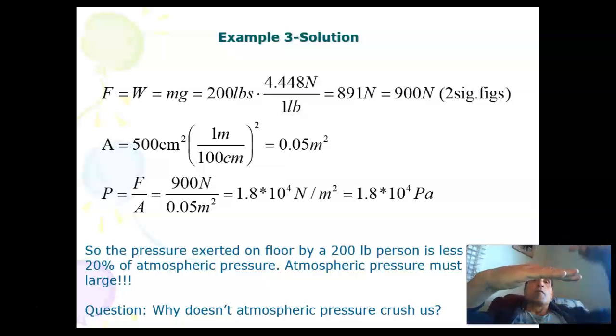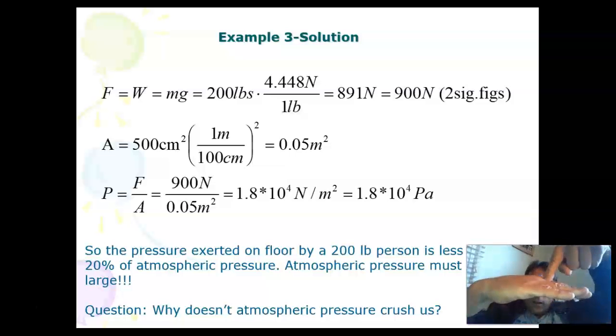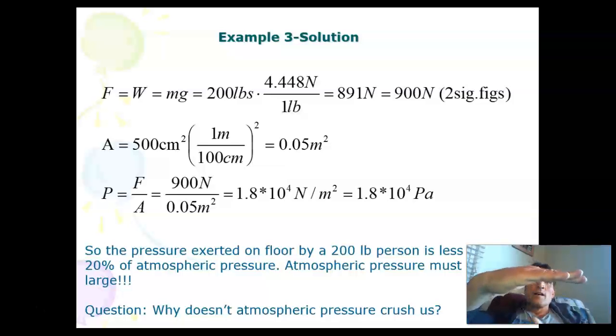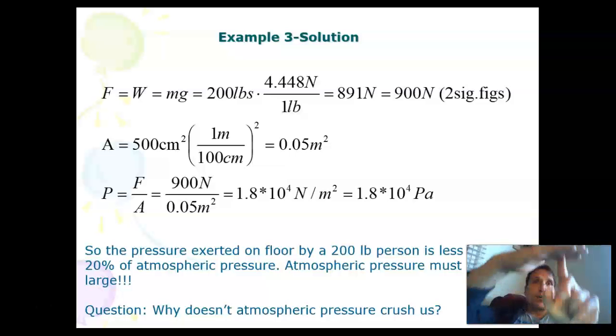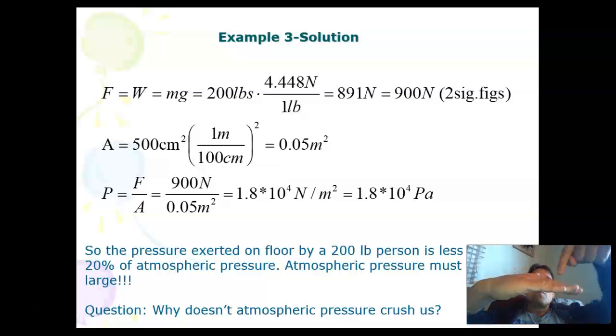There's pressure from the air above our hand pushing downward, and the pressure exerted by that is 1 atmosphere. But there's also pressure from the air below our hand pushing upward. The two pressures must balance because our hand is not accelerating. In other words, the pressure of the fluid is the same in all directions.